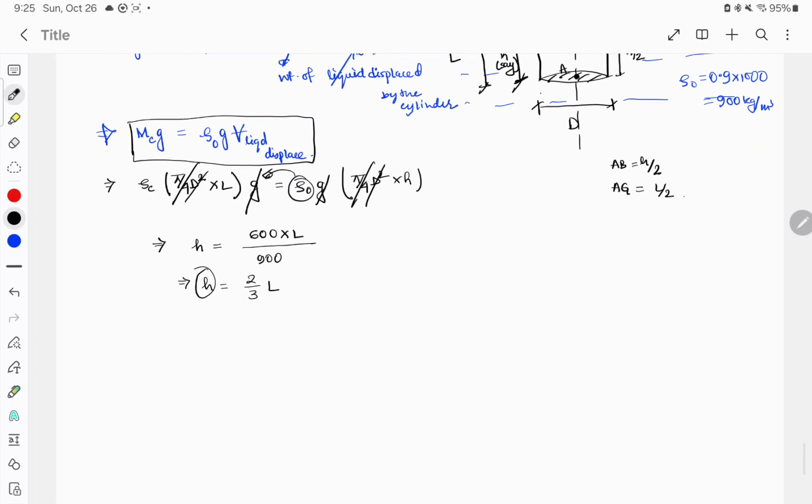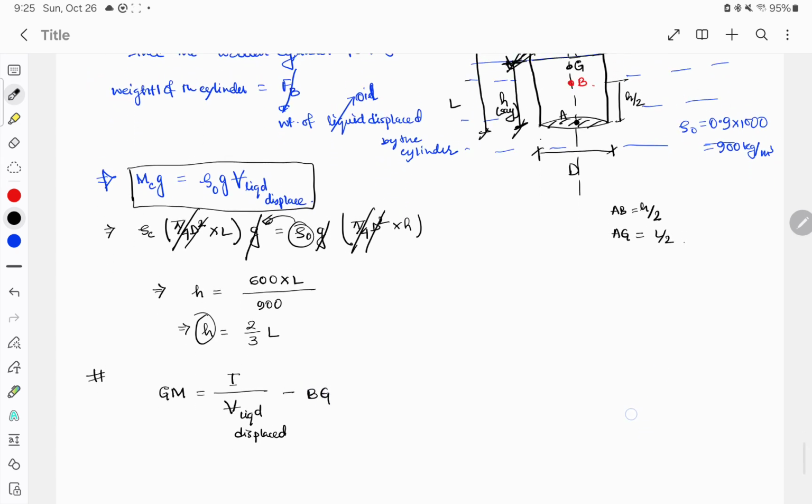So the other formula I have is the metacentric height formula, the GM formula. GM formula is I by volume of liquid displaced minus BG.